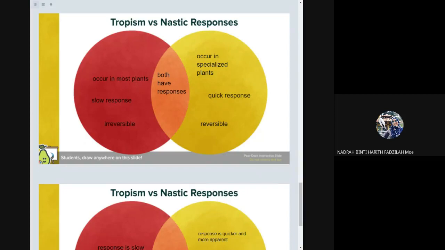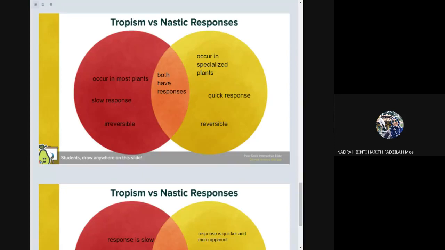Okay, I can see that. Alia ni dia bagi satu idea baru. Tropism occurs in most plants, whereas nastic responses occurs in specialized plants. Betul juga. Sebab some nastic responses need to use specialized structures. For example, tendrils tadi kan.